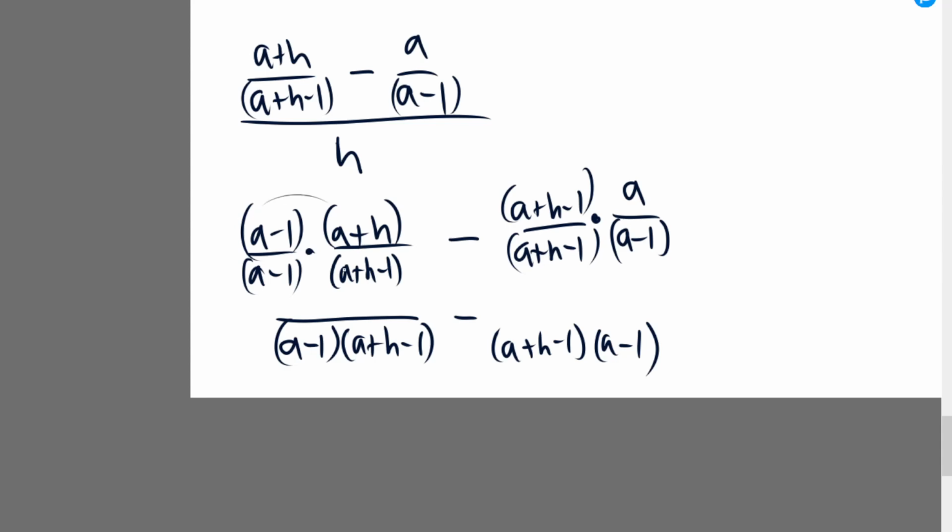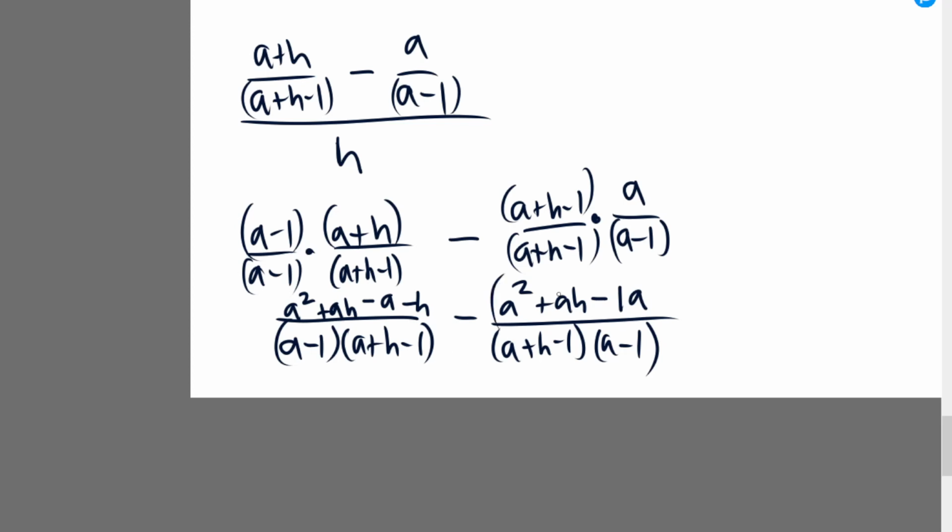Let's see. A squared plus AH minus A minus H, and then minus A squared plus AH minus 1A. All of this is still over H, but we don't need to worry about that for a minute.